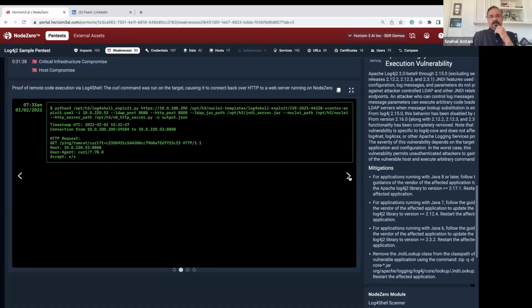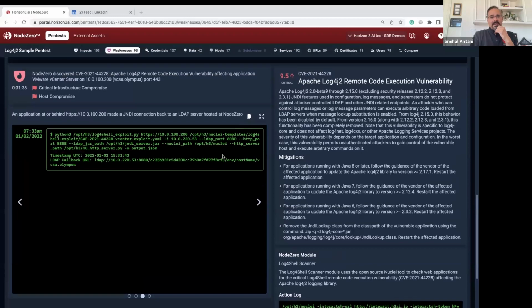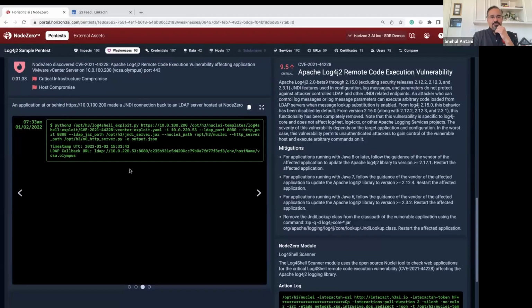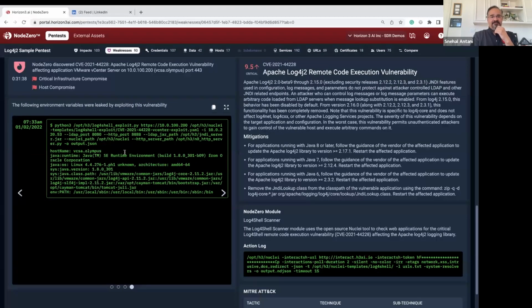And then finally, what you're going to see an attacker do is prove that they're able, or this is getting the JNDI connection, is prove that they're able to get access to sensitive environment variables. So once the attacker has code execution, they're going to be able to drop in a command and start to pull out sensitive information. What Java version are you running? What's your class path?